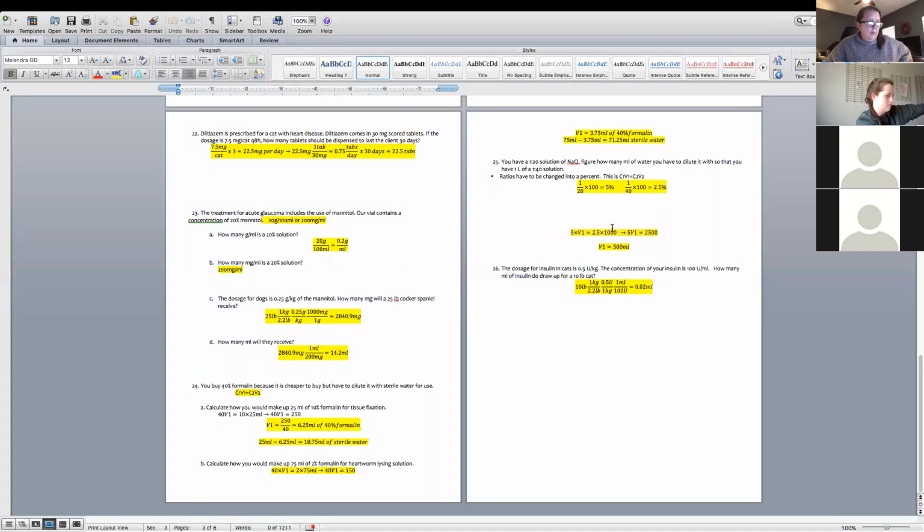But if you work it out this way, you want the 2.5% over 100 or 1,000. This is how it works out. So it works out to be the same answer. She set it up in a different way. Does that make sense?